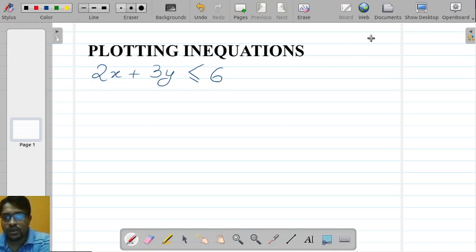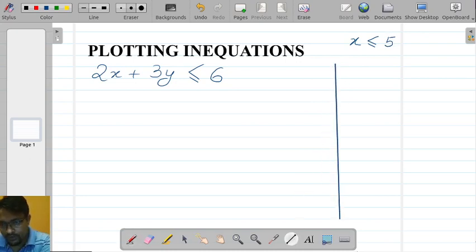Okay, so let us consider a smaller or easier example, x less than or equal to 5. Okay, so which portion of the xy plane represents x less than or equal to 5? Okay, so let me just try out this diagram.